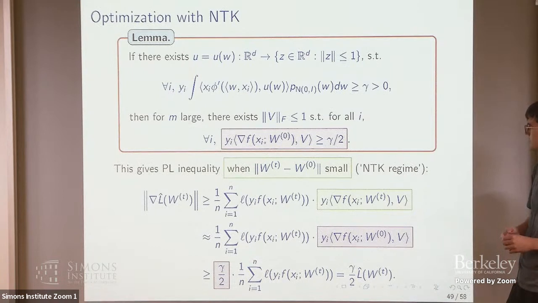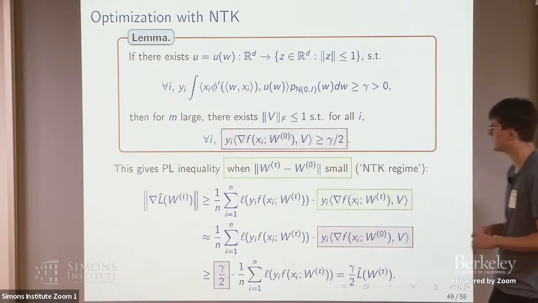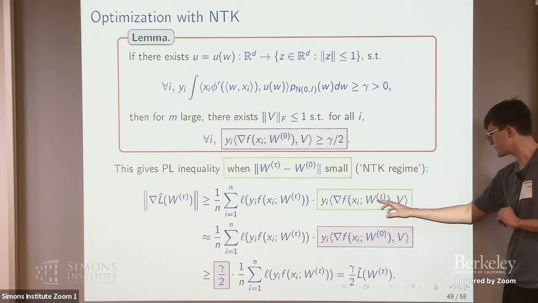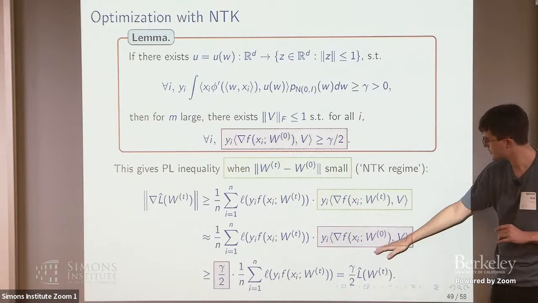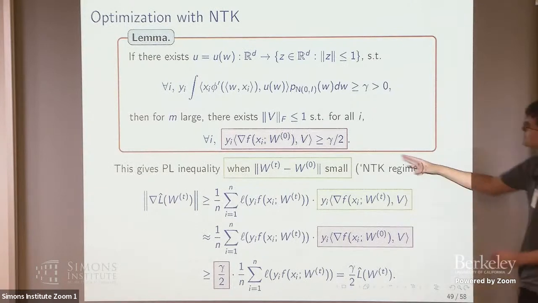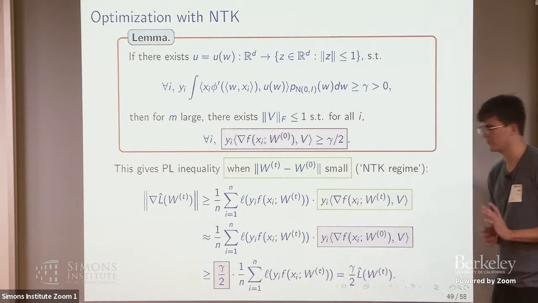If we use this NTK approximation, that the distance between W_t and W_0 is small, then at a high level we have some approximation between the gradients at time t being close to the gradients at time 0. And if we have that, then we can just substitute in this lower bound for the gradients at time 0 and get a gamma over 2 factor in front. This results in a PL inequality where the constant c is gamma over 2.